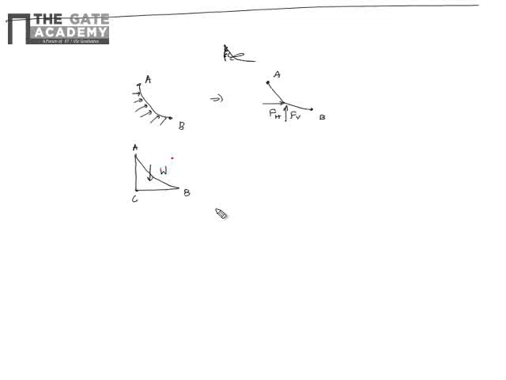Now this FH and FV, which are the fluid forces exerted by fluid on the AB, because I am considering the volume of the fluid in ABC as my free body diagram, I need to represent these forces FH and FV, which are now exerted due to the surface AB.